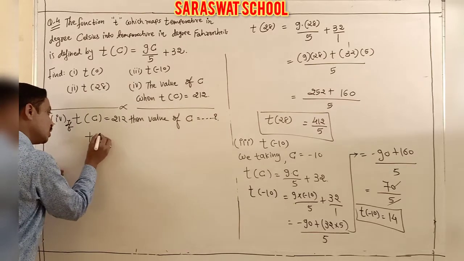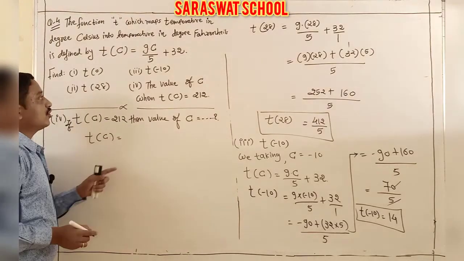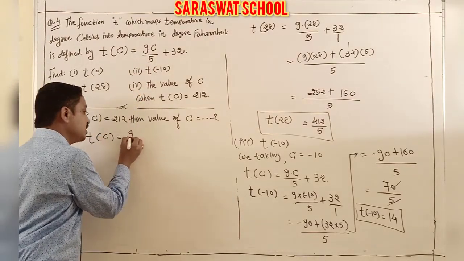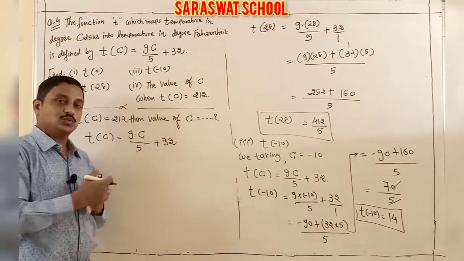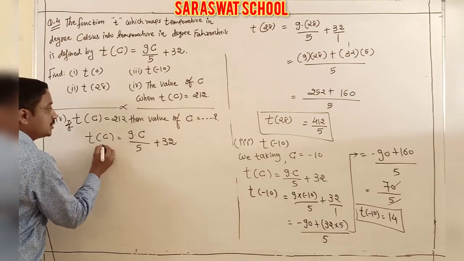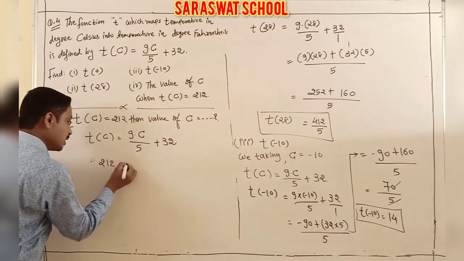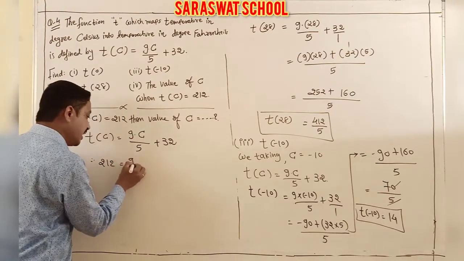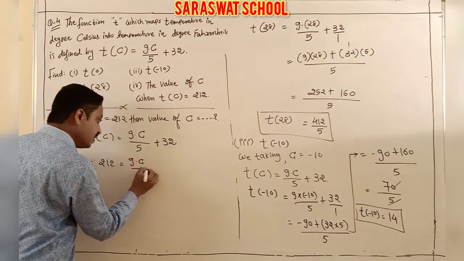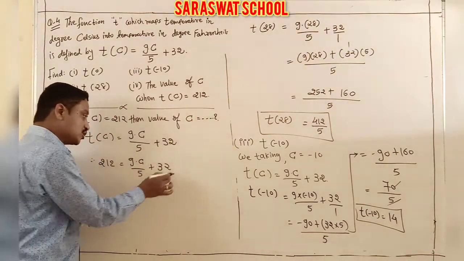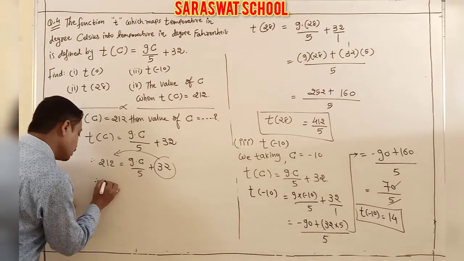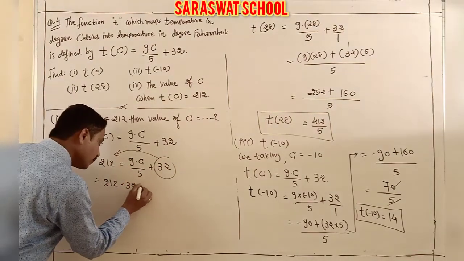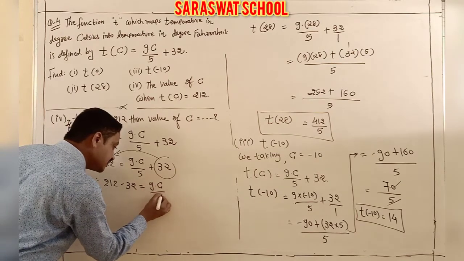So again I show our formula. What is our formula for T of C? It is 9C by 5 plus 32. T of C is known, 212. First of all, this 32, I move from right to left. So 212 minus 32, and 9C by 5 is as it is.